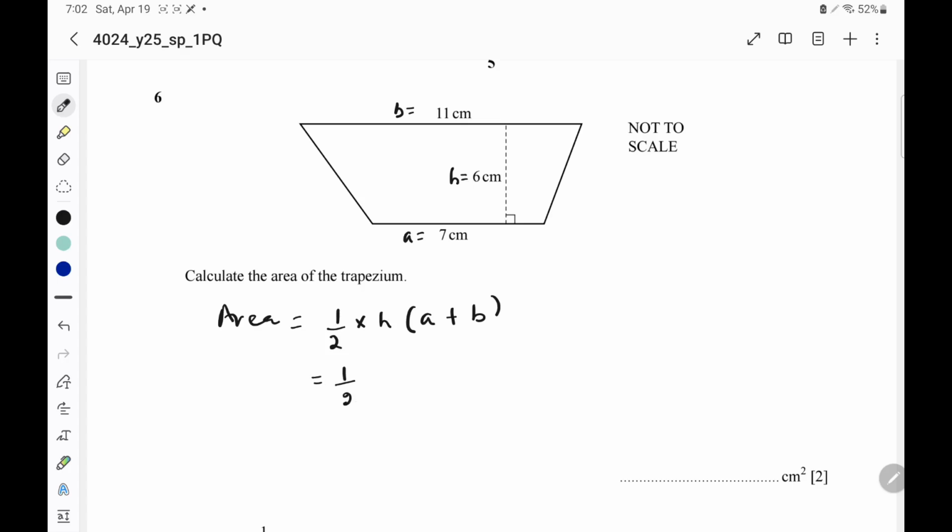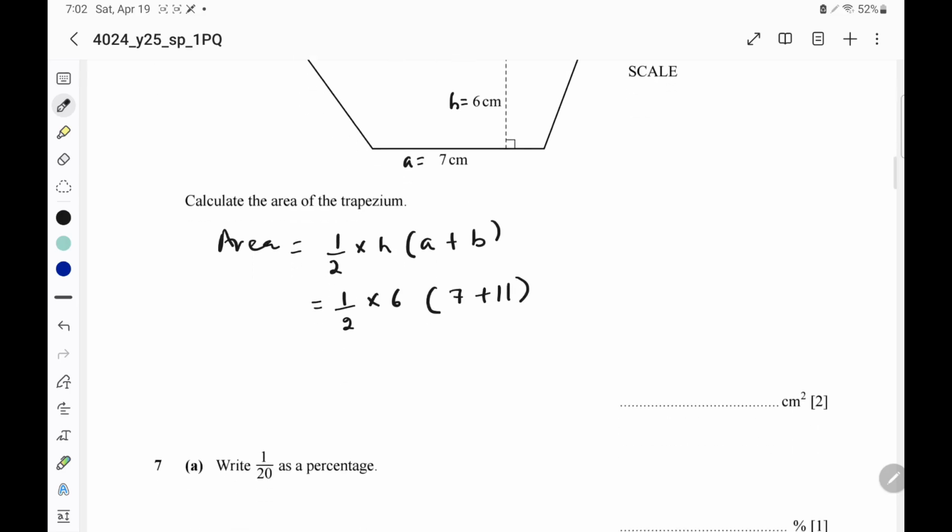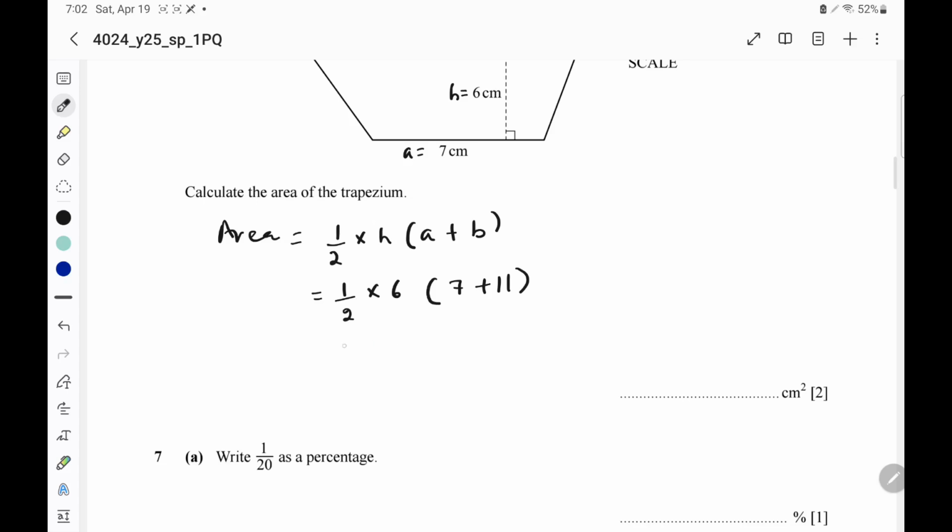So half times 6 into 7 plus 11. 7 and 11 makes 18, and half of 6 is 3, so 18 times 3 is 54. If you don't remember the times table, you can check like this.